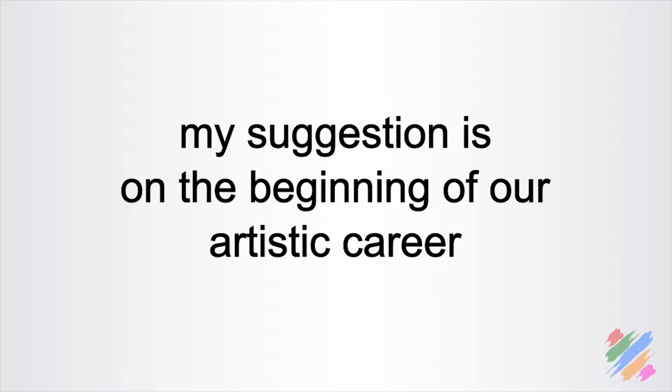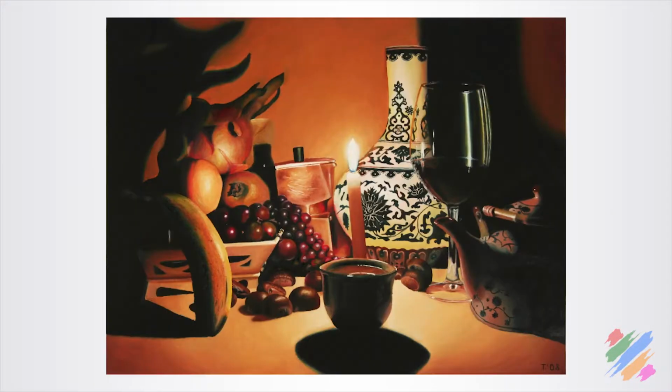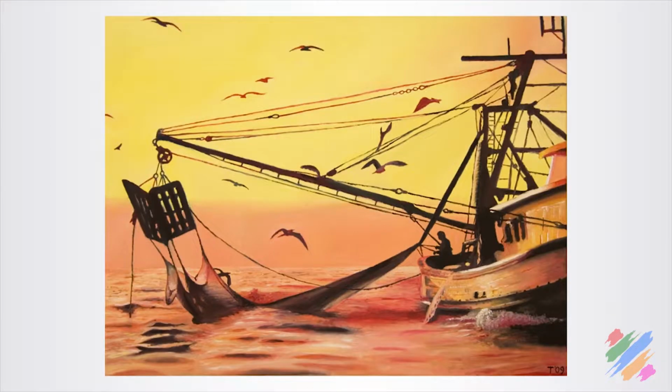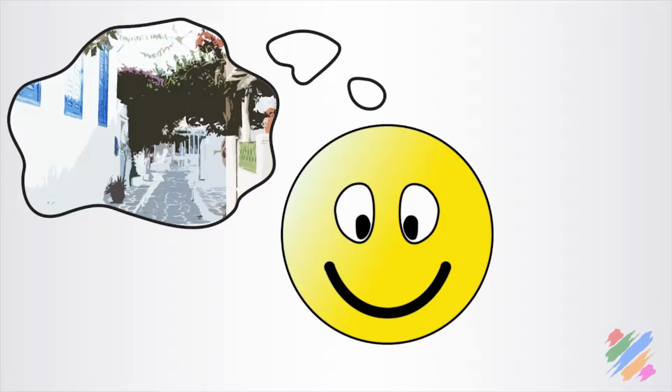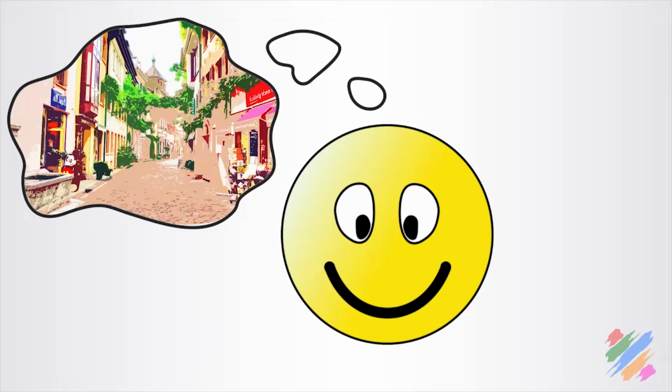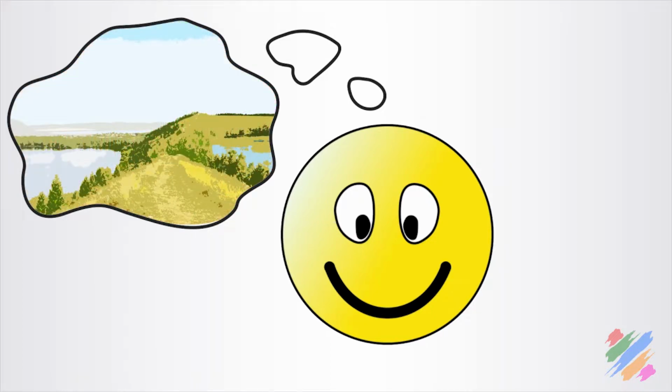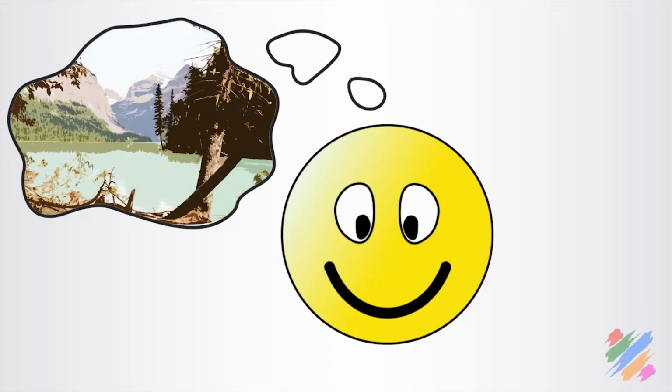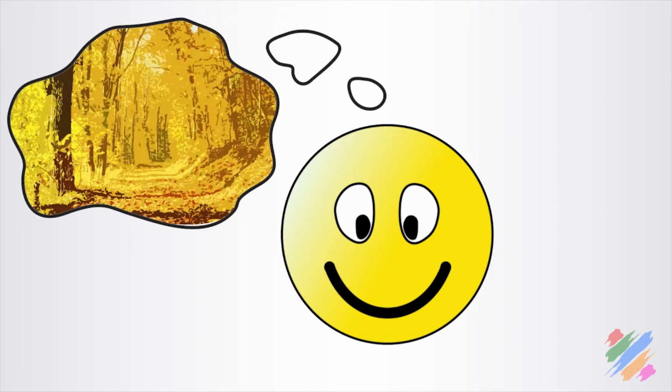So my suggestion is, at the beginning of our artistic career, if we want to paint realistic scenes, it's better if we choose subjects that our brain isn't trained to recognize. In this way, even if we make small changes at the end, our painting is still going to look realistic.